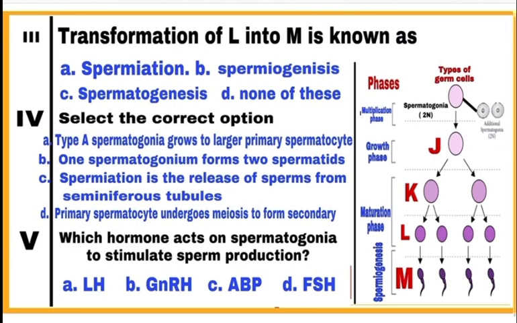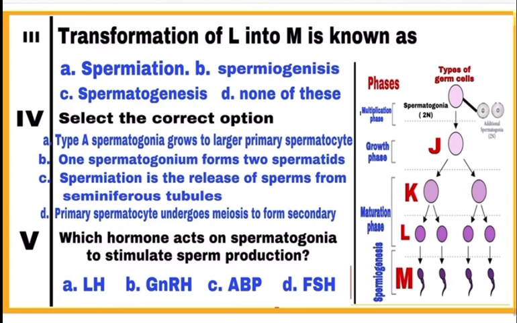Spermiation is the release of sperms from seminiferous tubules. This is the correct statement. After spermiogenesis, sperms become embedded in the Sertoli cells and finally released from seminiferous tubules by the process called spermiation. So, mark C as a correct answer.